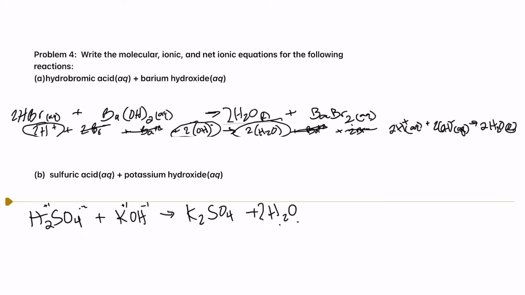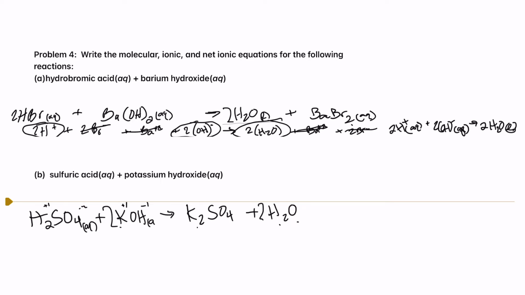And we need to account for the charges here so that we know what potassium sulfate would look like. Potassium with our +1 and our sulfate with our -2 means we're going to need 2 of those potassiums to every 1 sulfate. We'll balance the equation. Since I used 2 potassiums on the product side, I needed 2 potassiums on the reactant side.